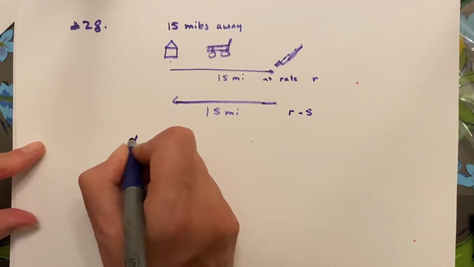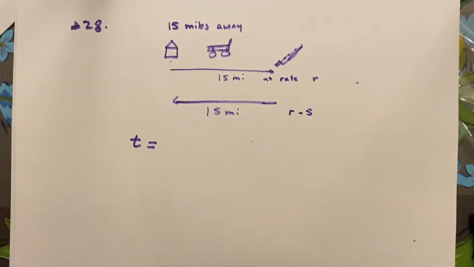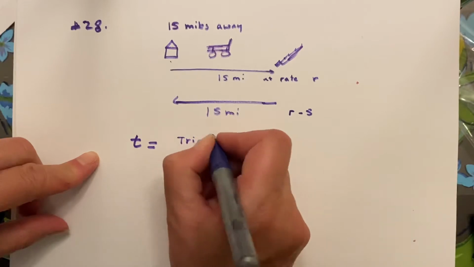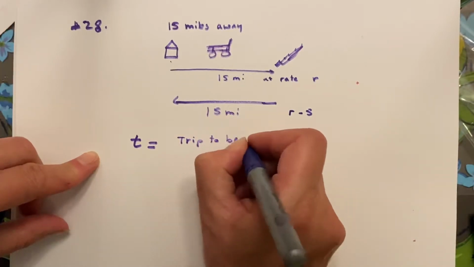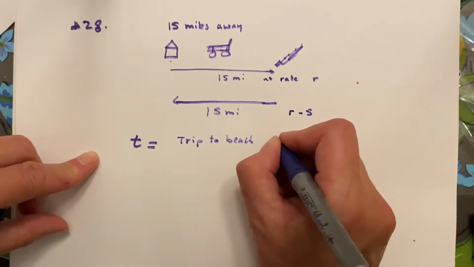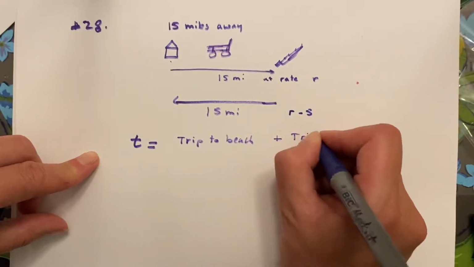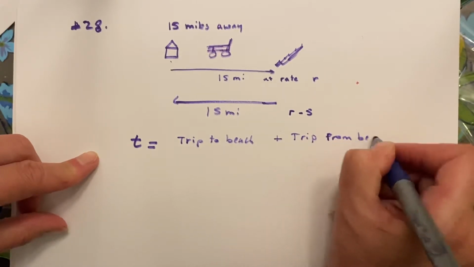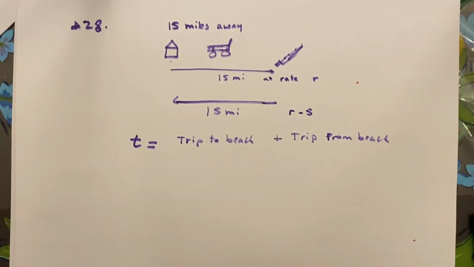So you want T, your total travel time, which is going to be trip to beach, right? Travel time to beach plus trip from beach, right? In both directions.